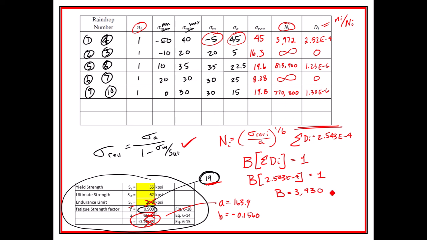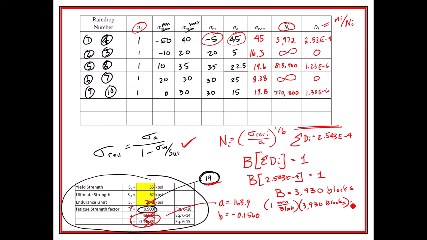3,930 blocks of time. But in this case, each block is equal to 1 minute. So you go 1 minute per block times 3,930 blocks. And it equals 3,930 minutes, right?